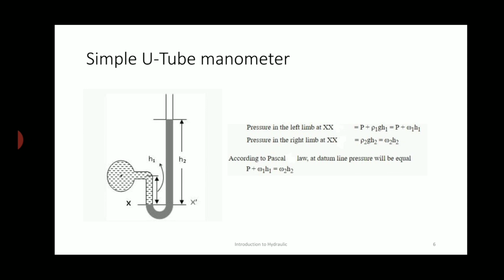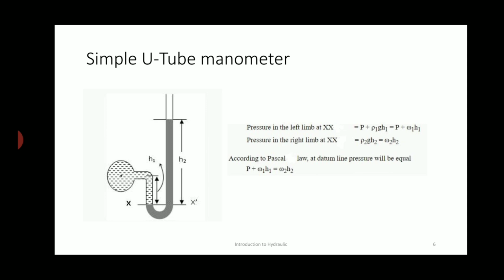Pressure in left limb is given by P plus rho 1 g H1, which is equal to P plus omega 1 H1. Pressure in the right limb is given by rho 2 g H2, which is equal to omega 2 H2.